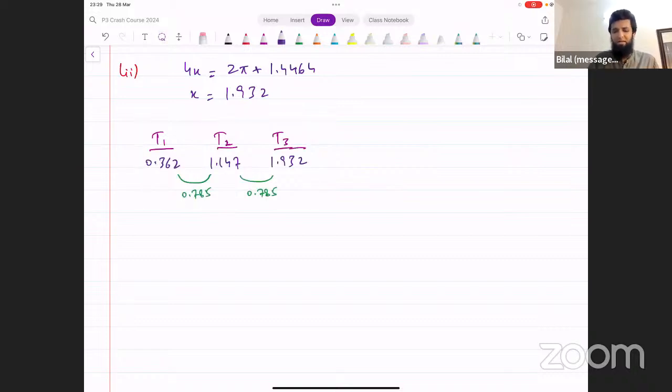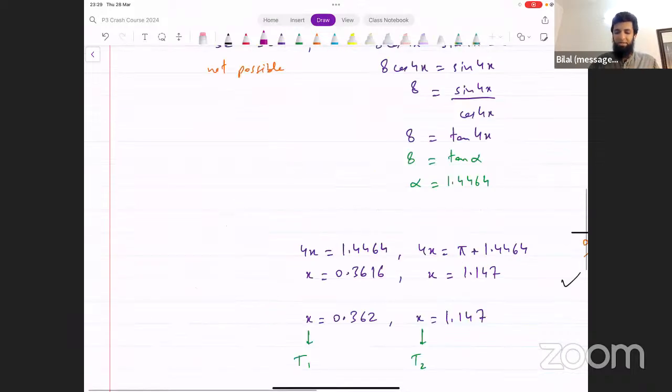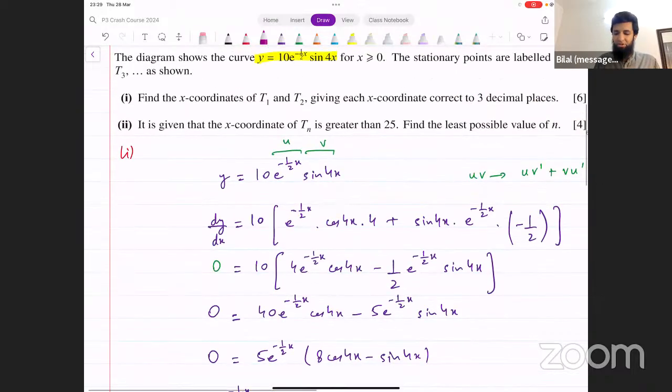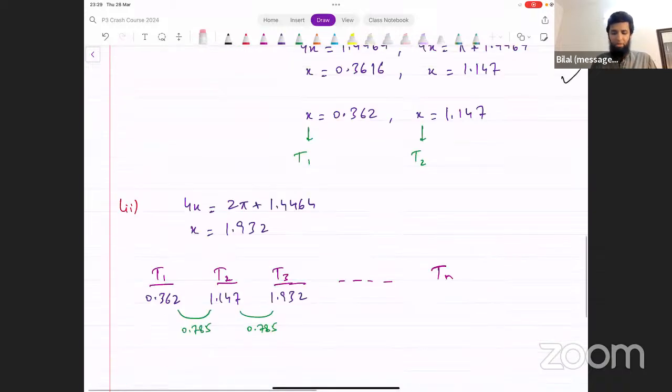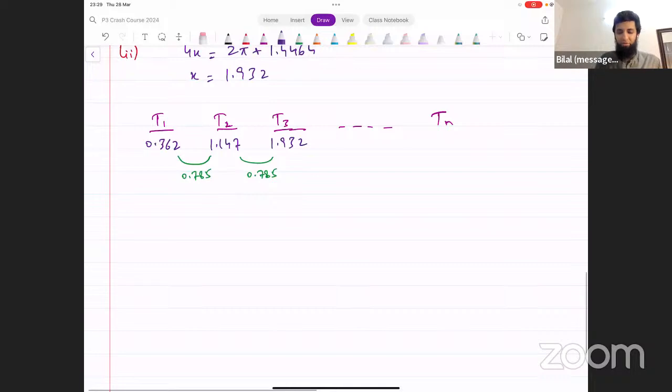Now, this is a relatively simple one, just an arithmetic progression. You're basically looking for Tn, the nth term of this arithmetic progression. They're saying the nth term of this progression should be greater than 25, right? That's what they want. Now, what's the nth term of this arithmetic progression?